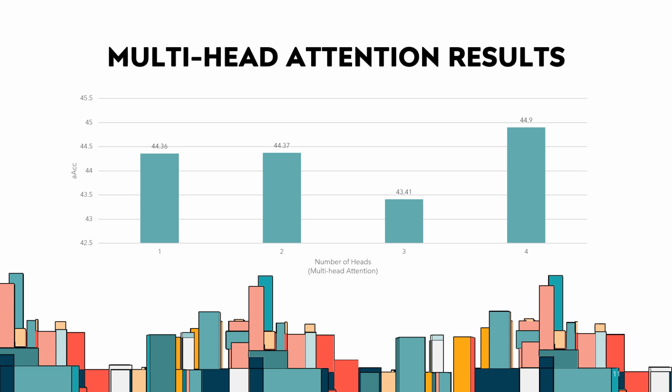The default configuration with 3 heads performed the worst with an accuracy of 43.41%. The single head and 2 head configurations performed just about identically, getting 44.36 and 44.37% accuracy respectively, outperforming the default configuration. The expected trend was that as we added more heads, the accuracy would improve, but the 3-head configuration breaks that trend.